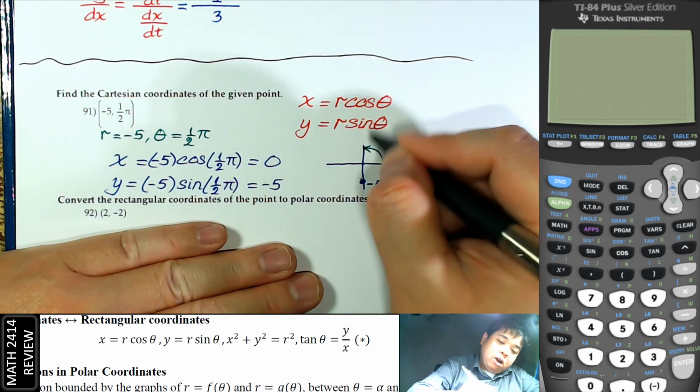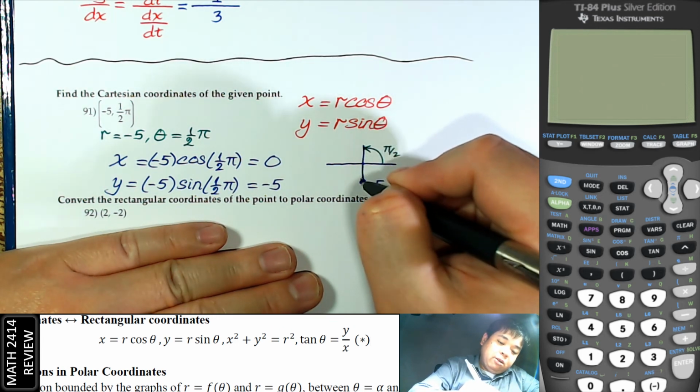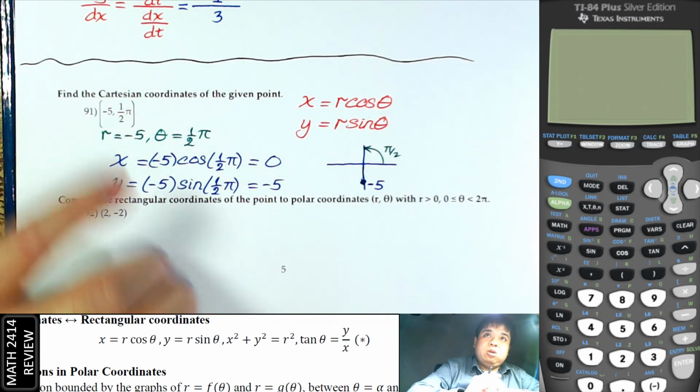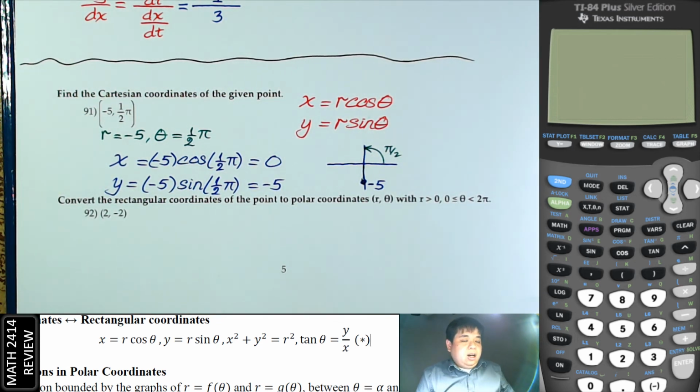Instead of going straight up, we go down, and so the point is here. So that's correct. So we should always check when we convert from rectangular to polar or polar to rectangular. Make sure we graph it and the points are the same. That is very important.